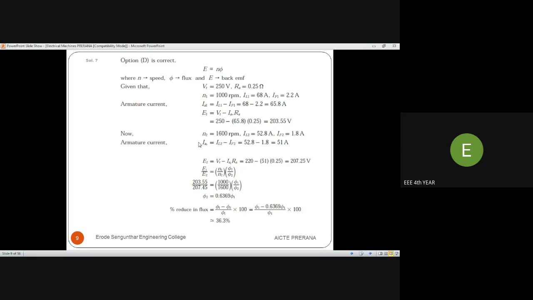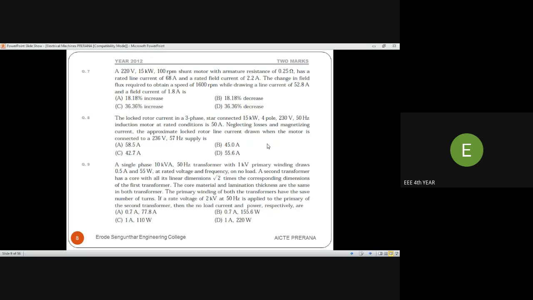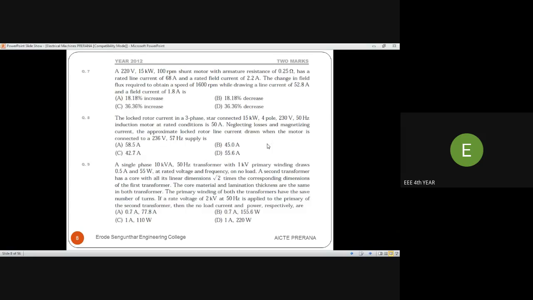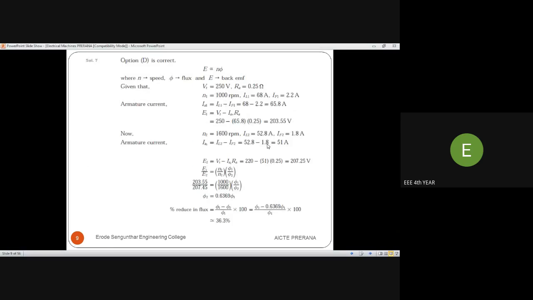Then in this question paper, it is already given for the second speed N2, that is 1600 RPM. Another parameter, current IL2 equal to 52.8 ampere. Then the field current is 1.8 ampere. The other parameters are available. We can find out the second armature current Ia2, IL2 minus If2.